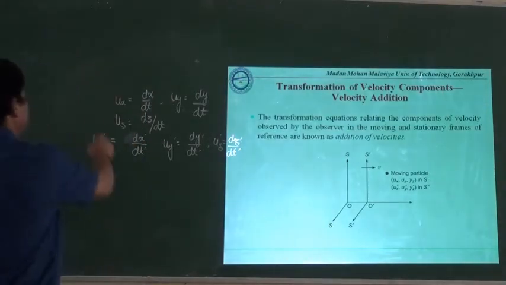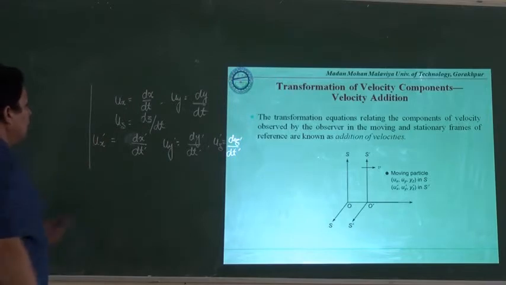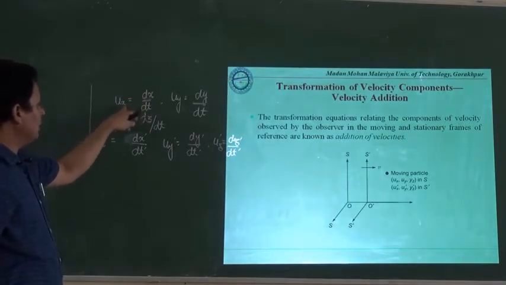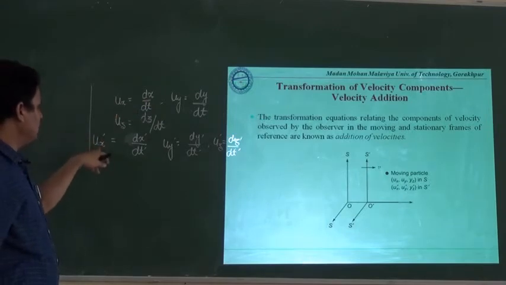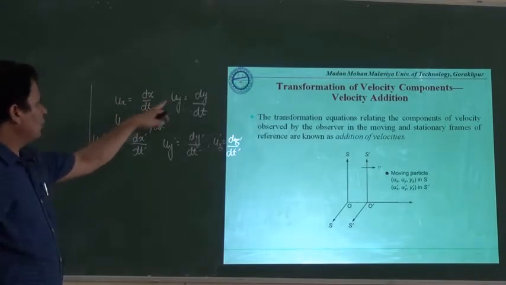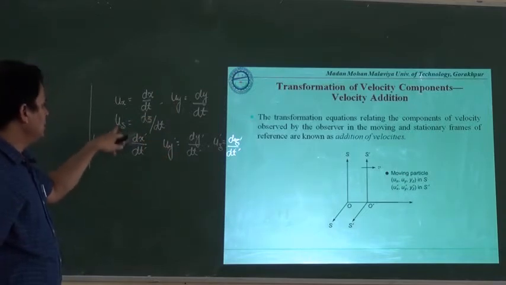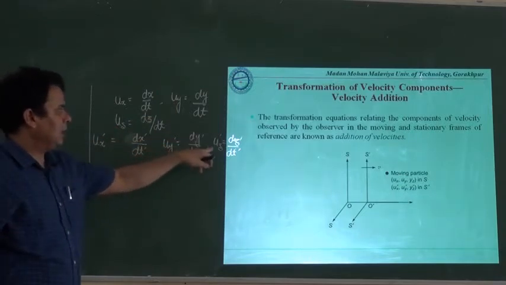Now we have to examine what relation will be there between the x component of the velocity and the x dash component, the y component and the y dash component, the z component and the z dash component.